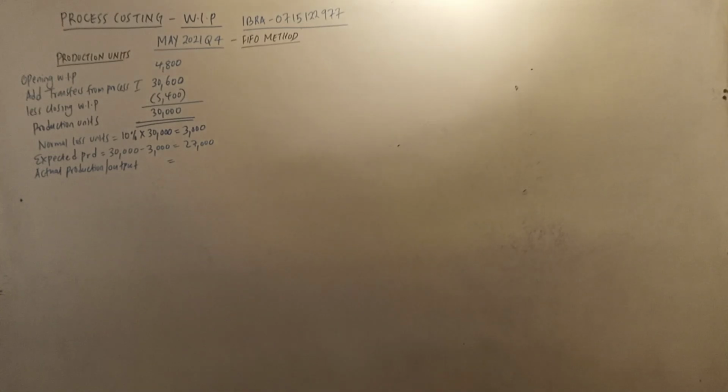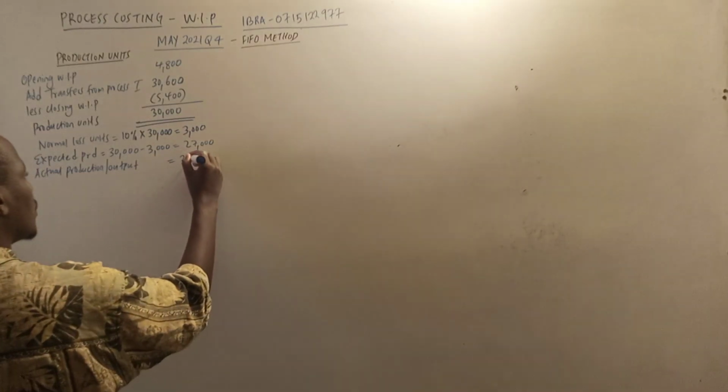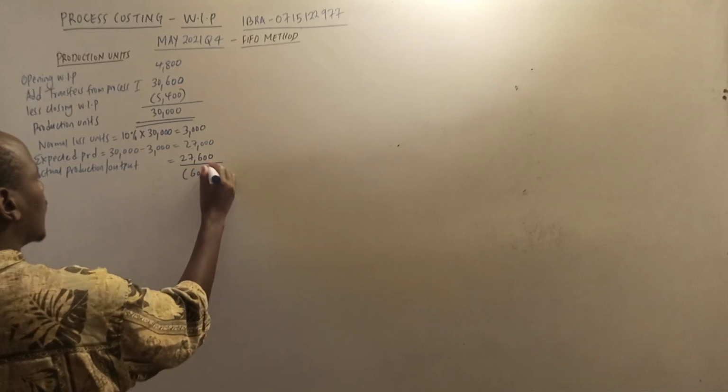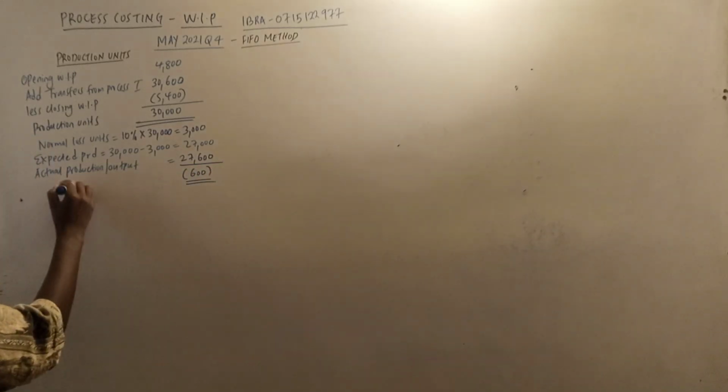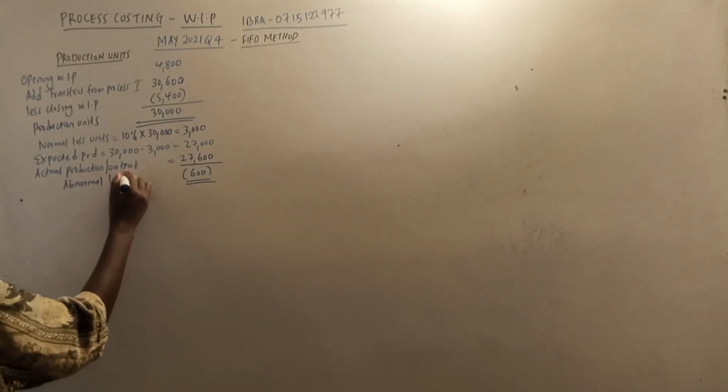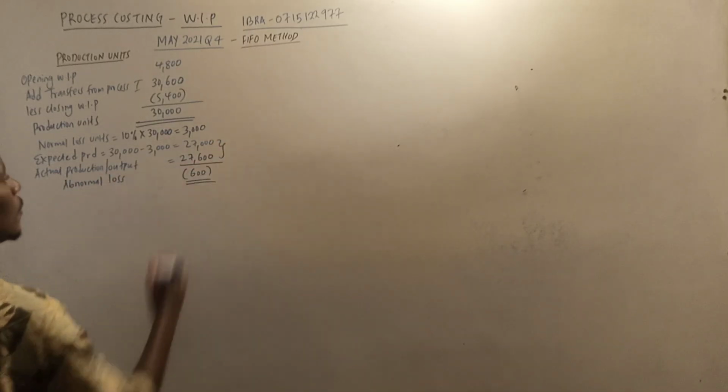Information number 5, transfer to process 3, is 27,600. That one is the output for process 2. When we deduct, we get a negative figure.